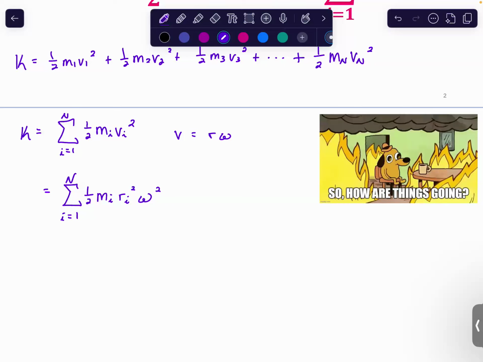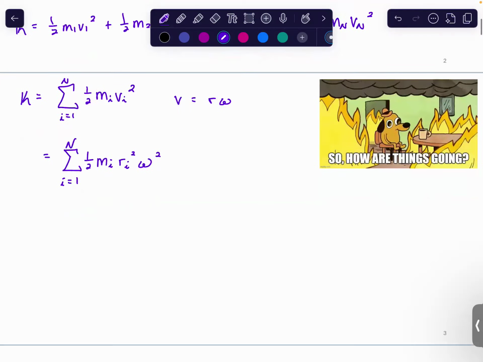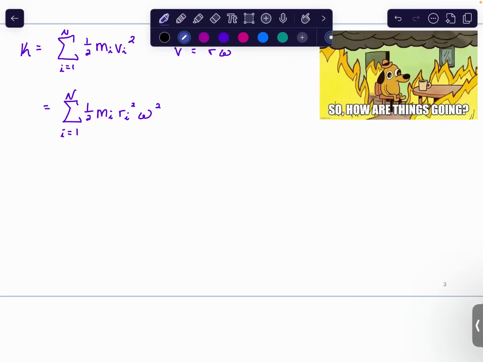Now notice that we're still summing over the masses and various radii, but omega is not part of the sum. So let's take a look at why that is. Let's say we have a rotating object here, with a point close to the center of rotation.